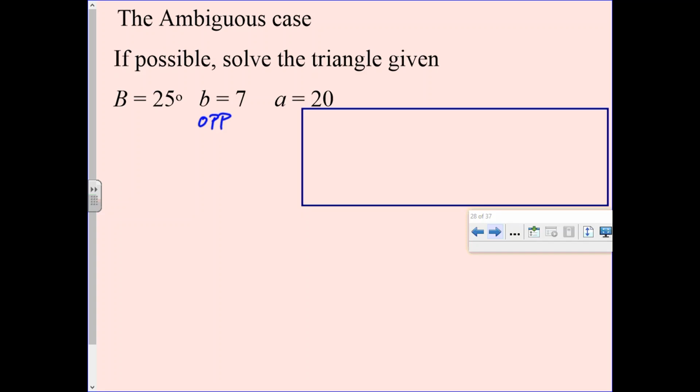If you remember from the previous video and that opening screen that I had at the beginning, to do that, we're going to take the minimum value. The minimum value is going to be 20 times the sine of 25 degrees. And if you do that, that's going to be equal to 8.45.